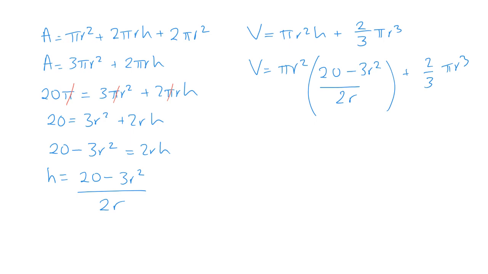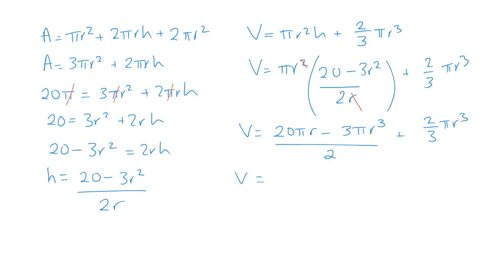So we can cancel the r down here with one of them up here. And then I'm going to multiply in. So I have 20 pi r minus 3 pi r cubed all over 2 plus 2/3 pi r cubed.